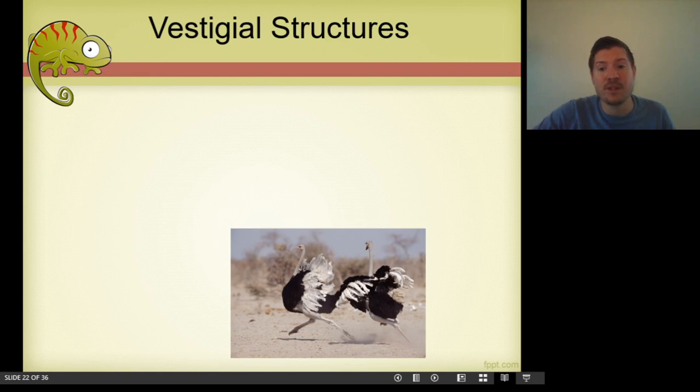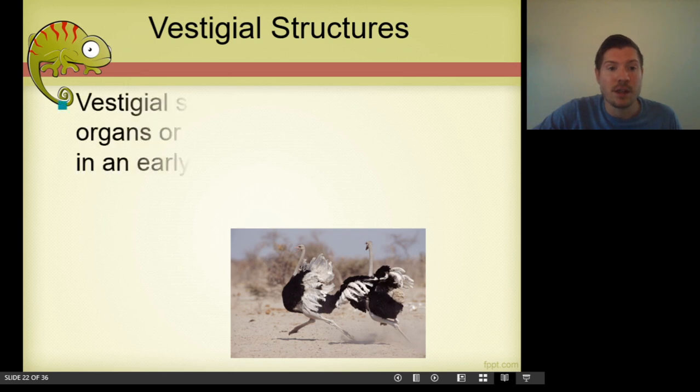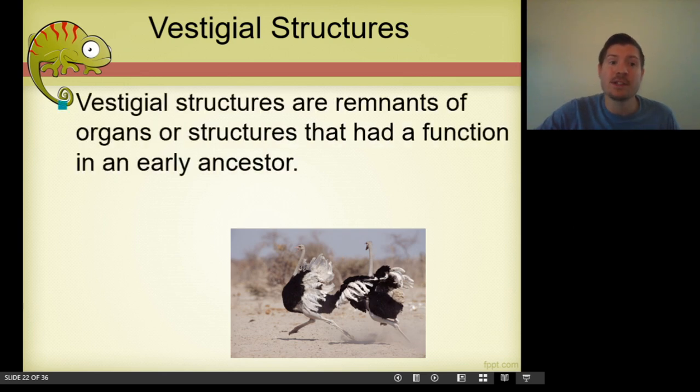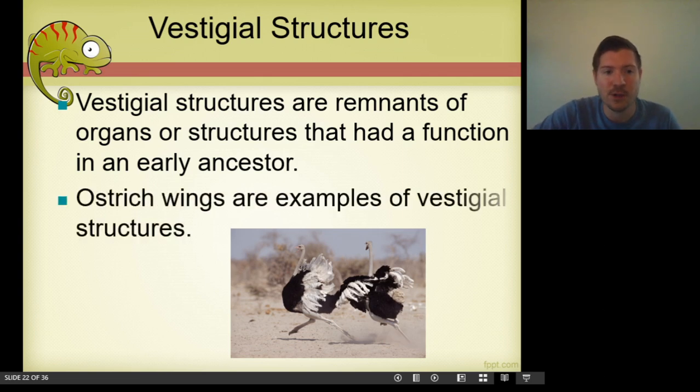Another piece of evidence for evolution, a really powerful piece of evidence, are vestigial structures. These structures are remnants of structures that had a function in an ancestor but may no longer have a function, or their function can be dramatically reduced. For example, ostriches' wings. These wings cannot let them fly.